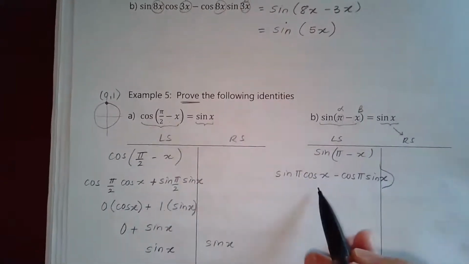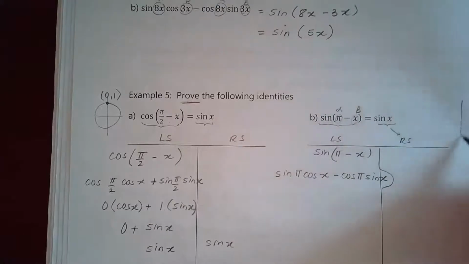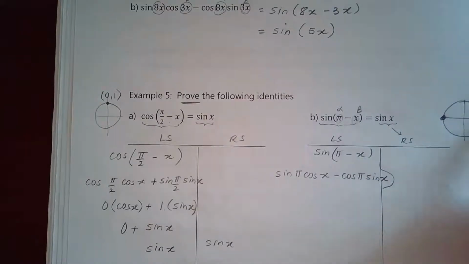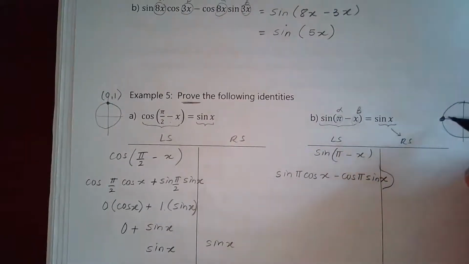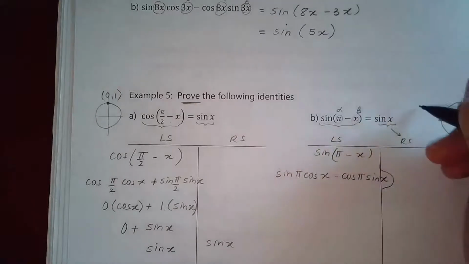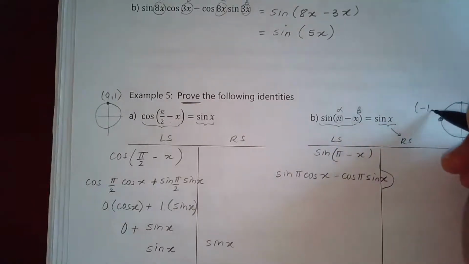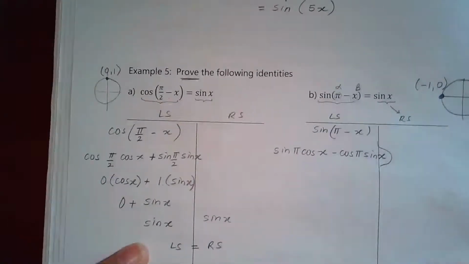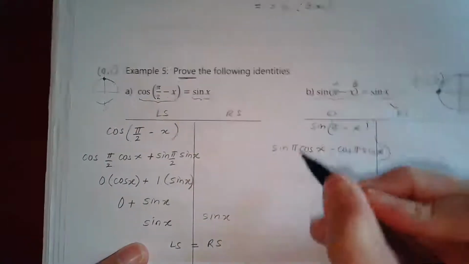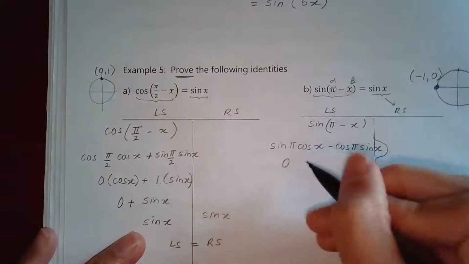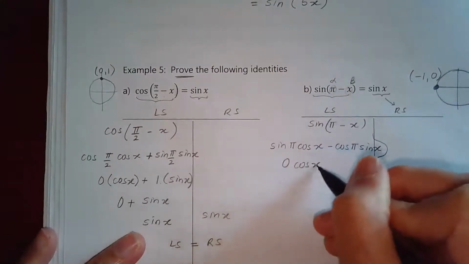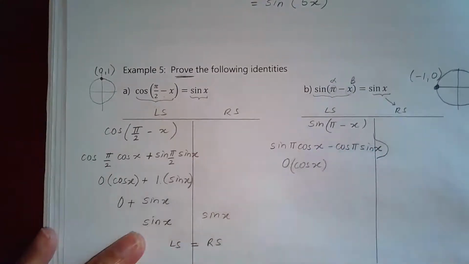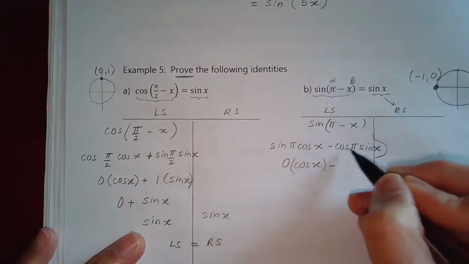Okay, let's see. Where's pi? Pi is right here. Okay, pi is right there, so the point there is (-1, 0). So sine of pi is going to be 0 times cos of x, minus cos of pi.